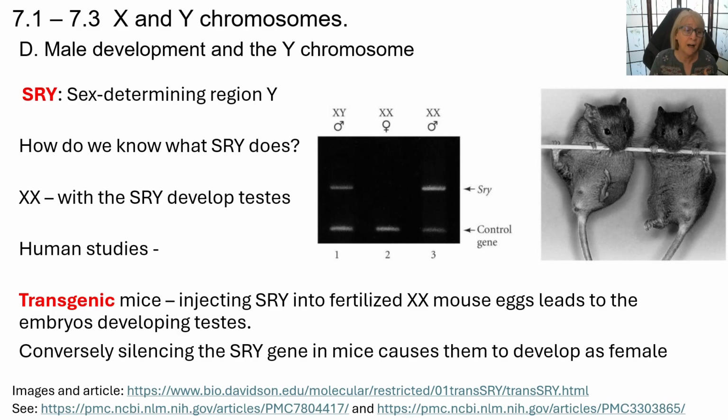When that happens, I'll get a person who is XX chromosomally, but they develop testes because they have a piece of the Y, that SRY gene, stuck to one of their X's. They have the code for developing testes and all that male development, even though they're chromosomally two X's.